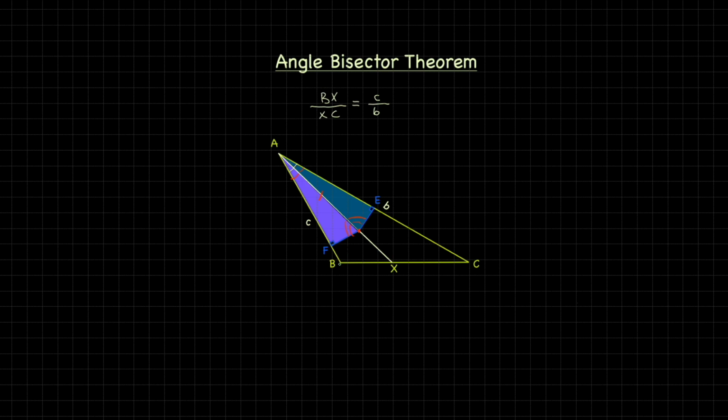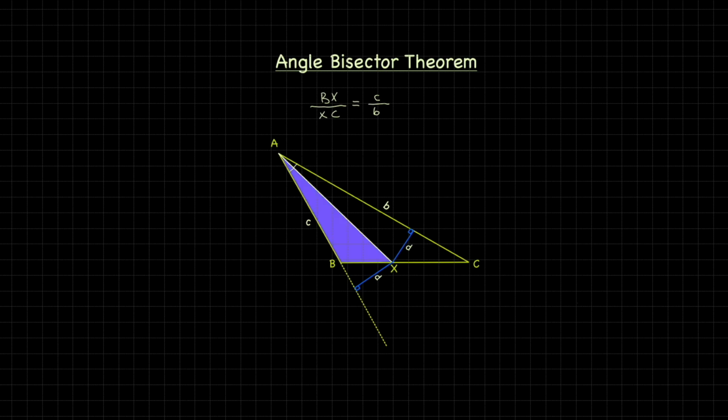Now, since the triangles are congruent, these two sides have the same length. Again, this argument can be made for any point on the angle bisector AX. So in this case, if we look at point X and the highlighted triangles, the exact same argument applies. The two highlighted sides are equal in length, so I can mark both of them as length D.